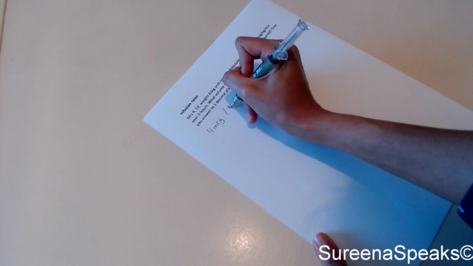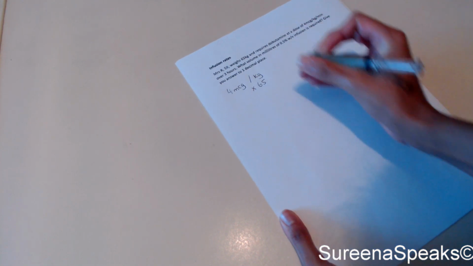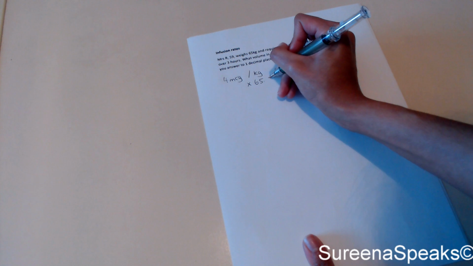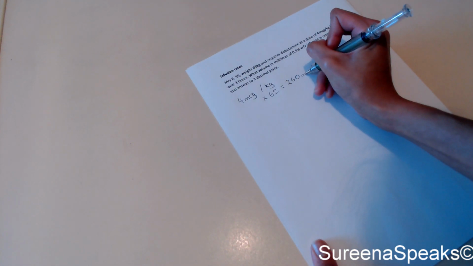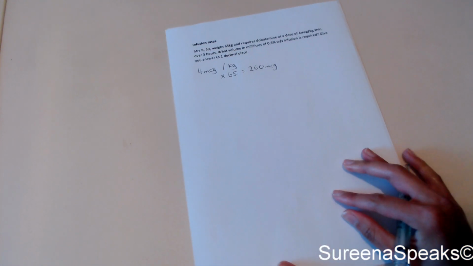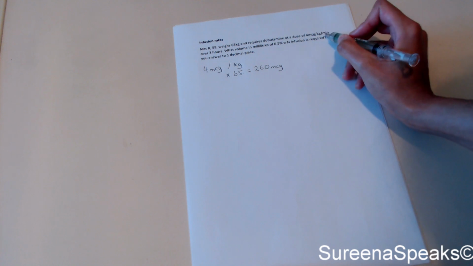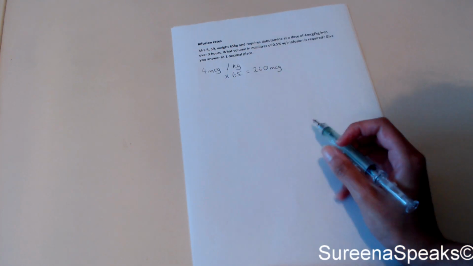If we have 4 micrograms per kilogram, then all we have to do is times our 4 by 65, because she weighs 65 kilograms, and we end up with 260 micrograms. Now that's actually 260 micrograms per minute, because that's what we've been told here. But this infusion is going to be given over 3 hours.